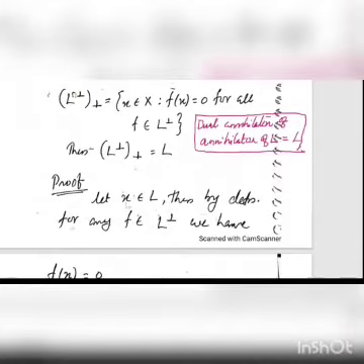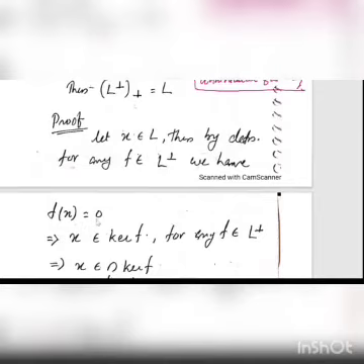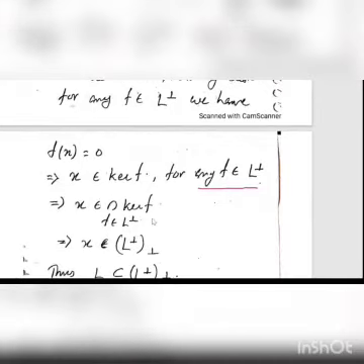So let x belongs to L. Then by definition, for any f belongs to the annihilator, we have f of x equal to 0, which implies x belongs to kernel of f for any f belongs to annihilator. For any f belongs to annihilator means definitely this x belongs to the intersection of kernel of f, f belongs to the annihilator.